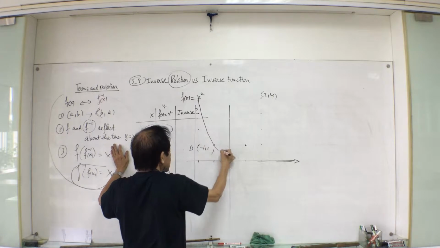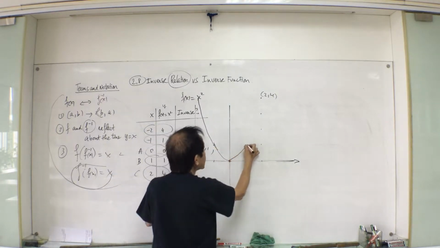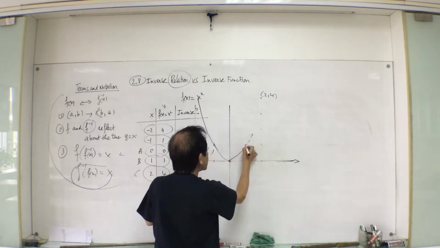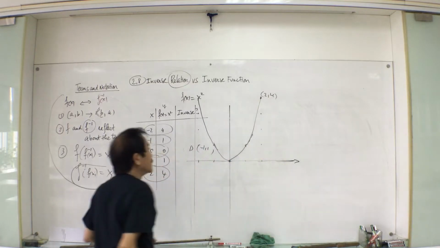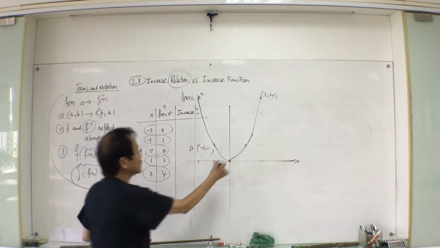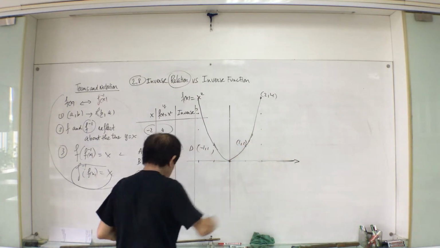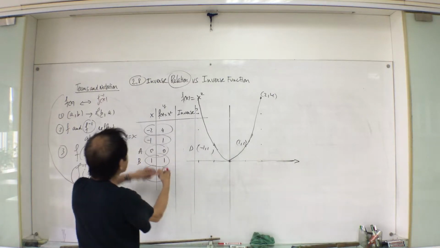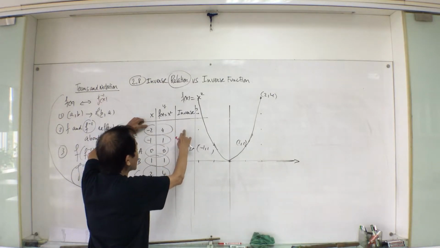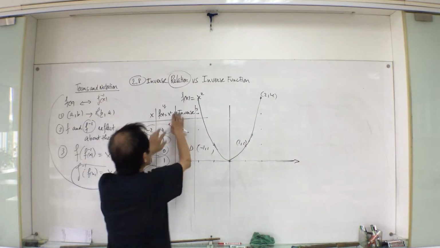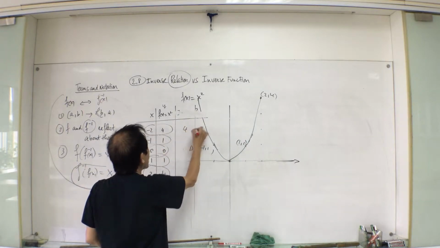Okay, I connect, and I have the function y equals x squared. Now how about the inverse? The inverse is x becomes y, y becomes x. So negative 2 and 4 become 4 and negative 2.